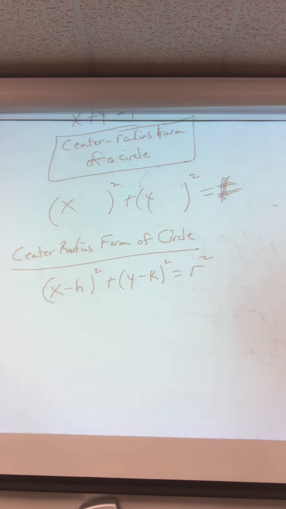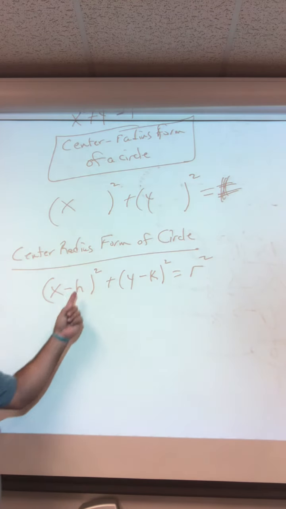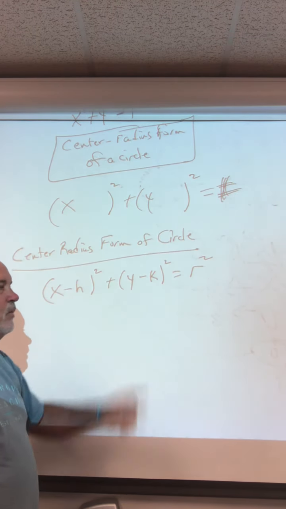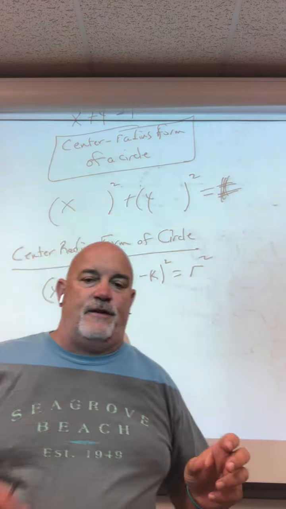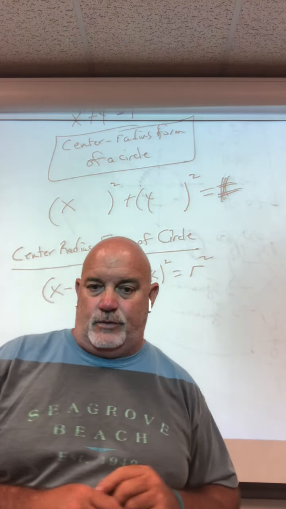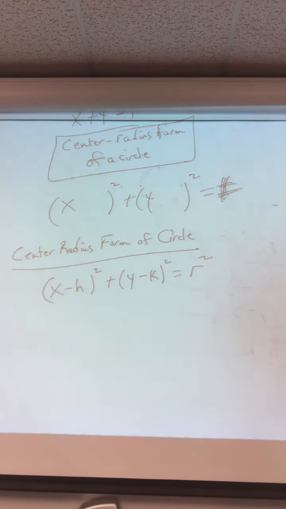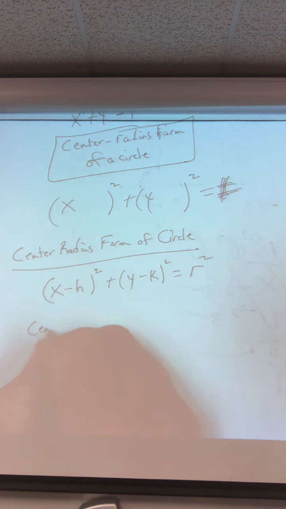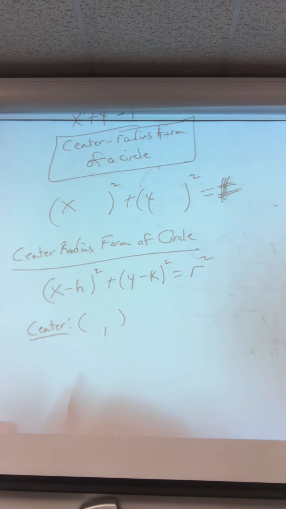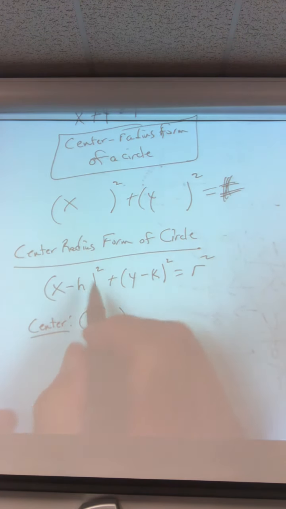Now, you remember I said just a minute ago that the number behind the x and the number behind the y are the two numbers that affect where your center goes. Let me explain why now. Here's what you do.